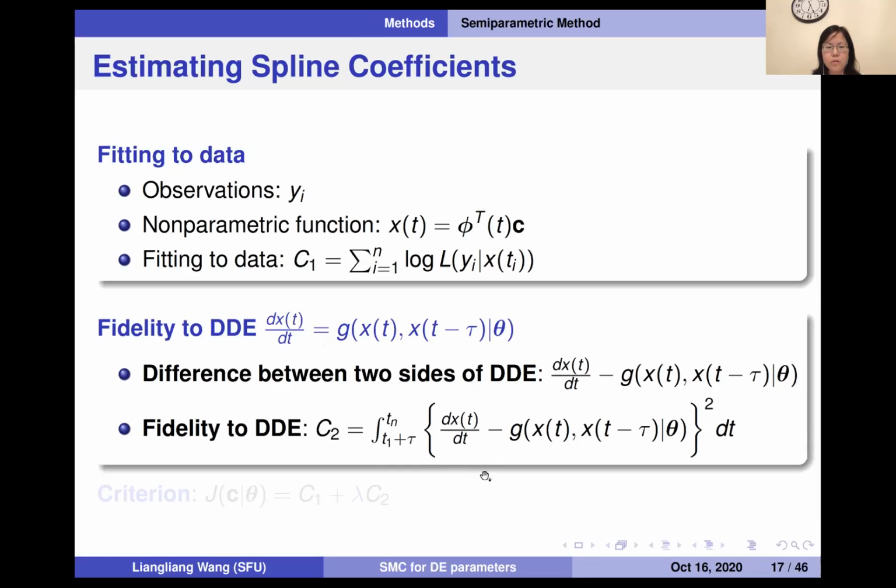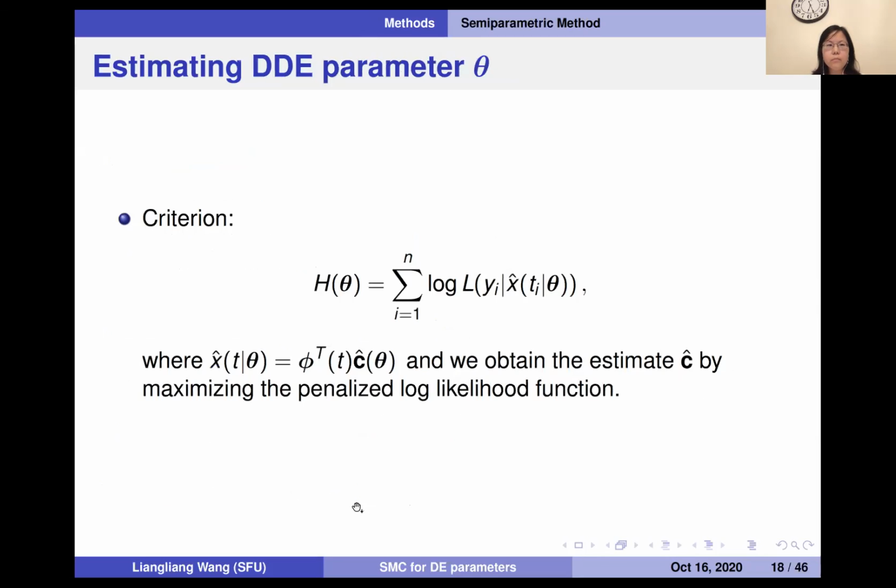We put the two criteria together using a tuning parameter, or smoothing parameter, lambda. To estimate the DDE parameter theta, we consider the criterion using the log likelihood.